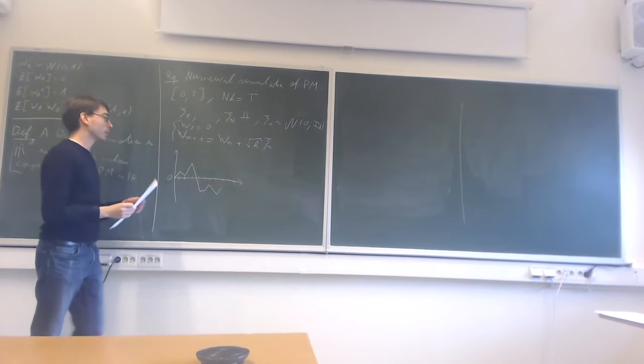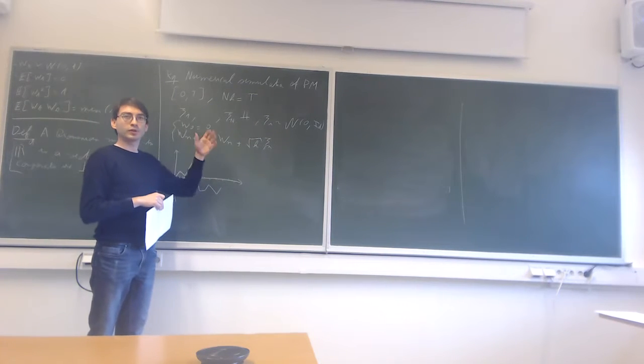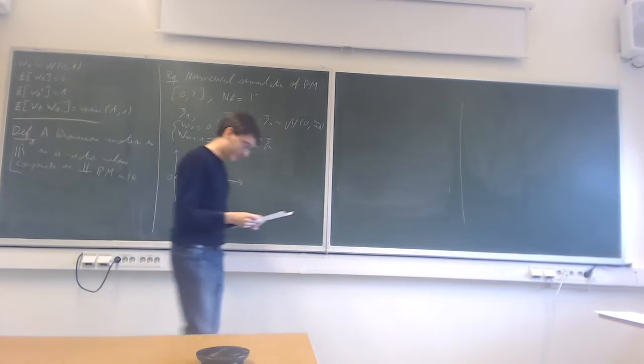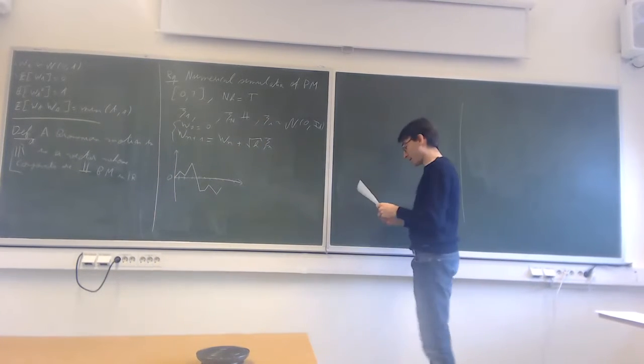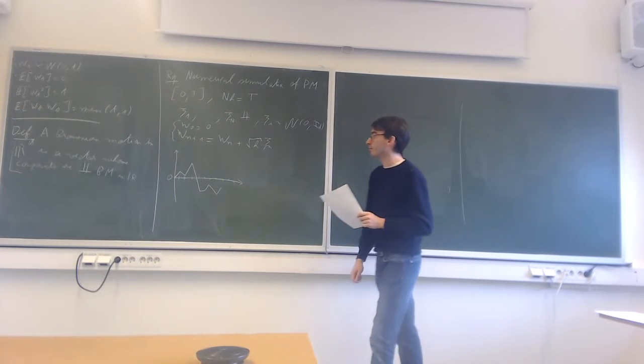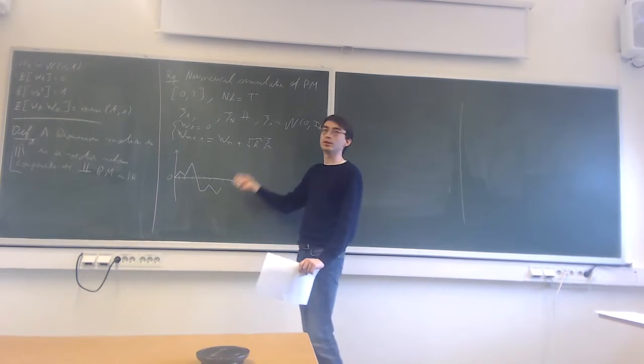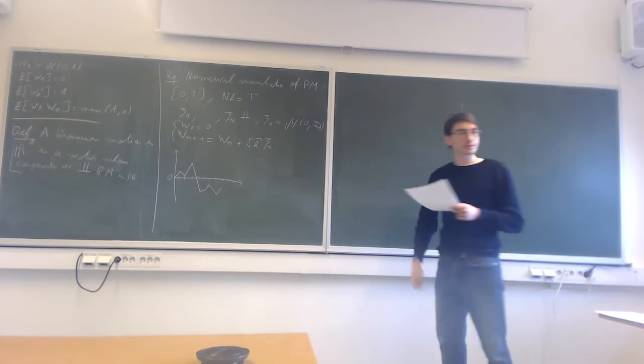And when h goes to 0, then you converge to Brownian motion, in a way that we'll see at the end of the course. You can also see that this process is a discrete martingale. So it's not crazy: this is a martingale that approximates Brownian motion, which is a continuous martingale.